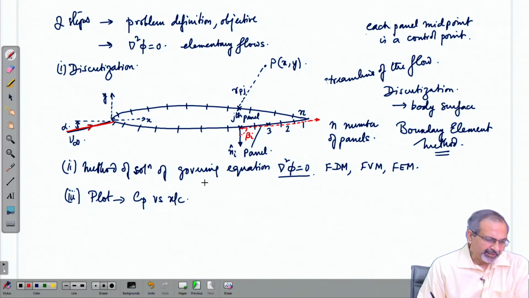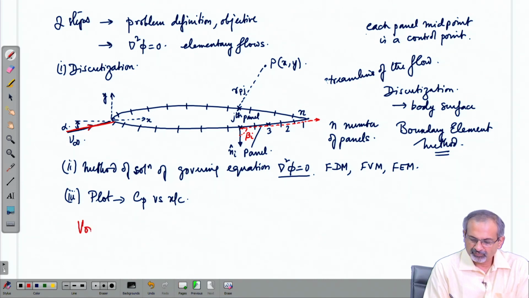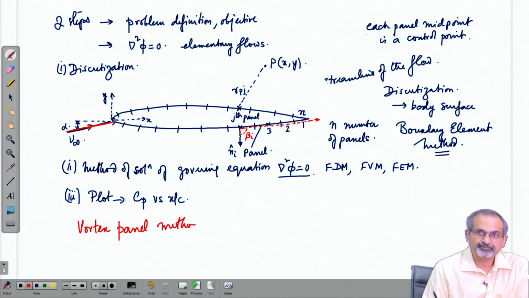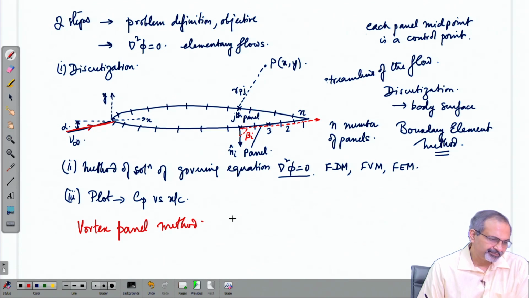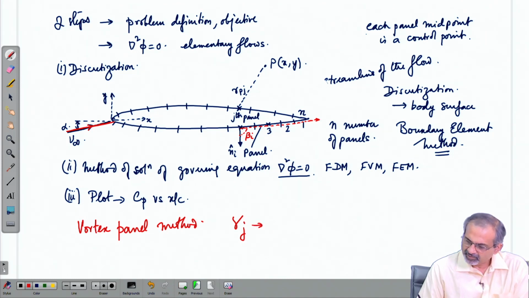So, with this setup in mind, let us first try to figure out what we would like to distribute over the panels. We are going to distribute vortices on the panels, which qualifies this as a vortex panel method, and let the vortex strengths be gamma j for the jth panel per unit length.